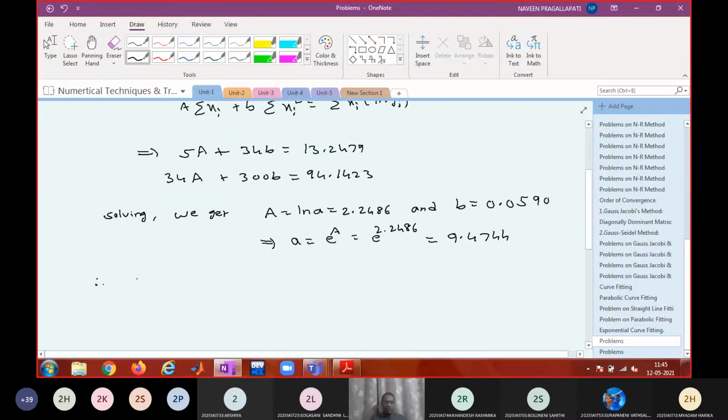Therefore, the exponential curve fitting, the required equation of the curve is y equal to a e power bx, which is 9.4744 e power 0.059x. Is that fine?